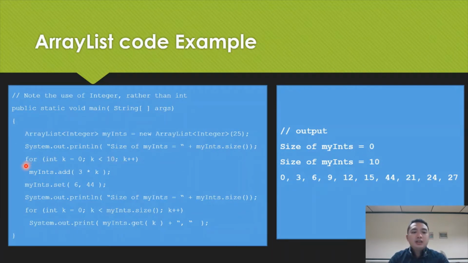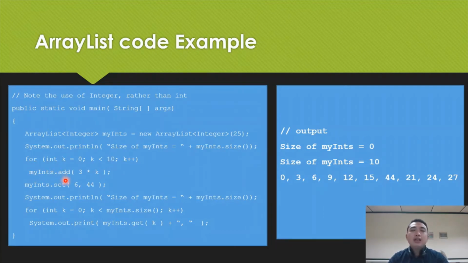And then we have created here a for loop. The body of the for loop is just one statement, 3 times k. It's just multiplying the value of k by 3. Don't be confused, because we did not put a curly brace. It just means that the only statement of the for loop is this myInts.add.